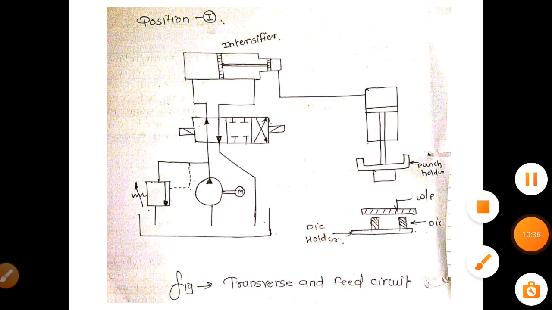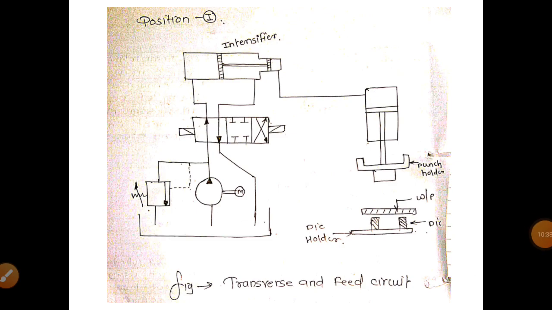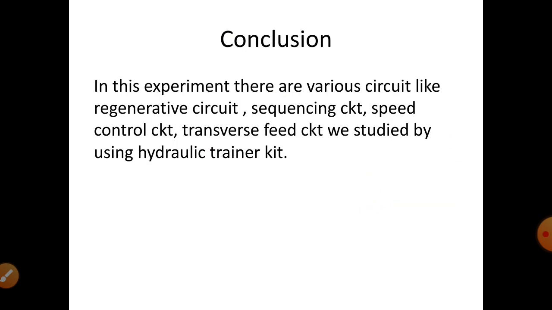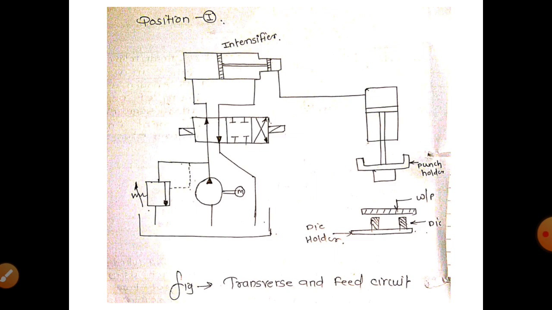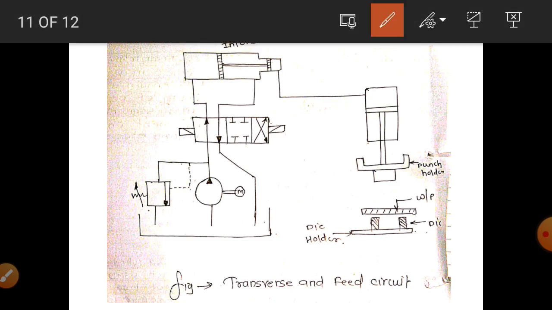So this is the circuit diagram of a traverse and feed circuit. Same, it consists of reservoir, pump, directional control valve. In that circuit diagram you can see this is a 4 by 3 directional control valve. So those are the components of the traverse and feed circuit.